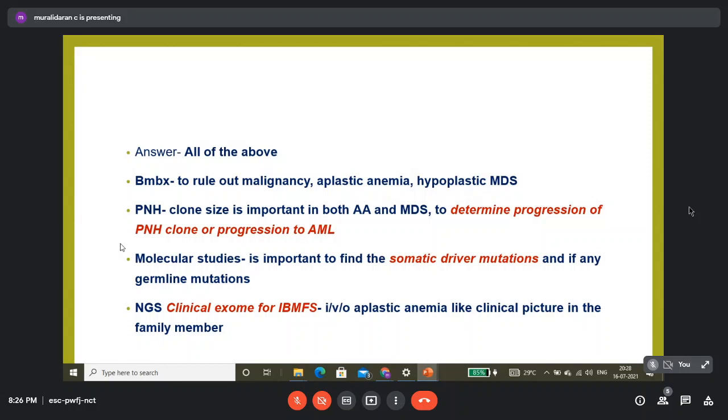Even though the age is 40, sometimes we end up doing it when a positive family history is there, and generally in patients less than 40 or 50 years old we do this clinical exome for inherited bone marrow failure syndrome. We have found Fanconi's anemia in many people, which can present very late also. They might not be pathogenic, they might be heterogeneous in their expression, but that is sufficient to cause pancytopenia presenting with an aplasia.